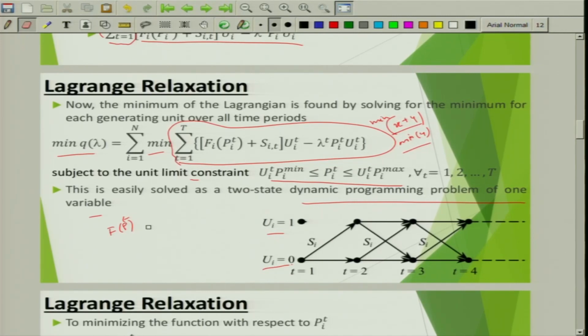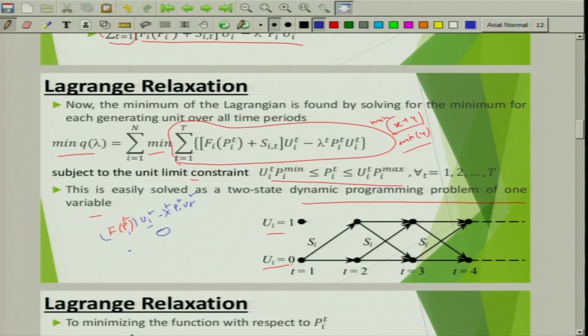Then what do you get? F into u minus lambda into t into p into u. This is what you got. Let us say u is equal to 0, which means you consider the generator to be off. Because both the terms are multiplied by u, this is overall 0.